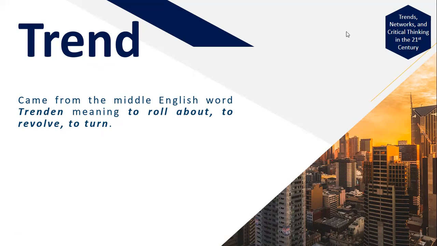Dito pa lang sa etymology ng salitang trend, malalaman natin na ever since the Middle Ages, as early and as far as Middle Age, meron ng trend. The word trend already exists. Ano yung ibig sabihin ng trend? Ibig sabihin to roll about, to revolve, umikot, or to turn, magpasalin-salin.